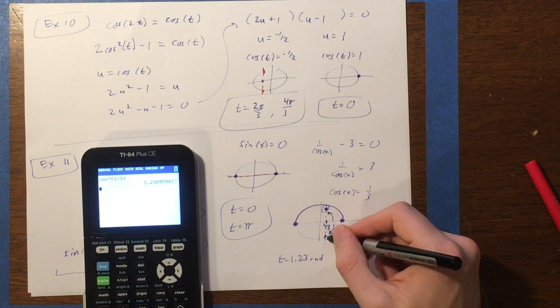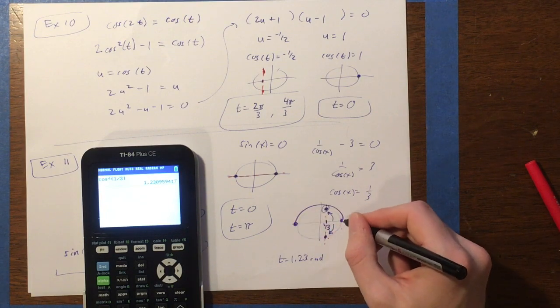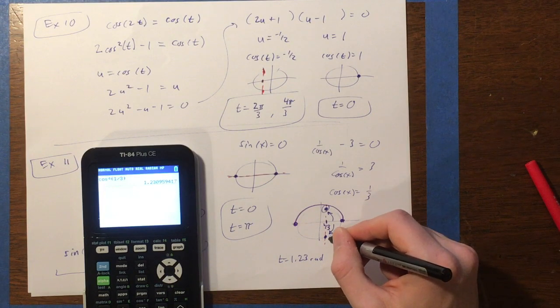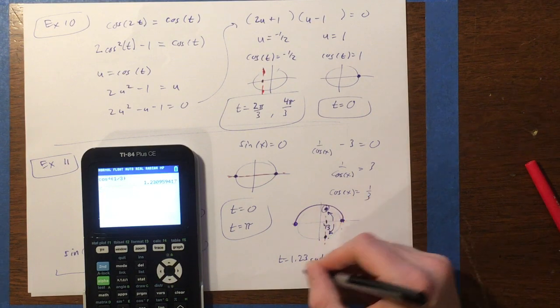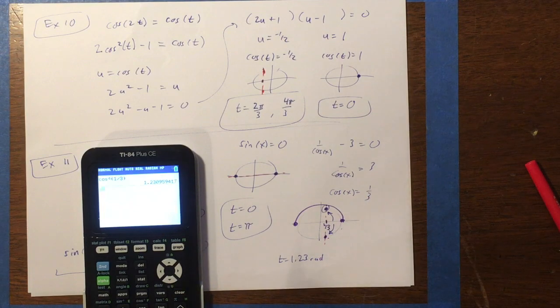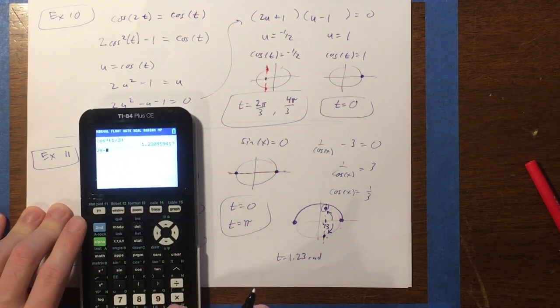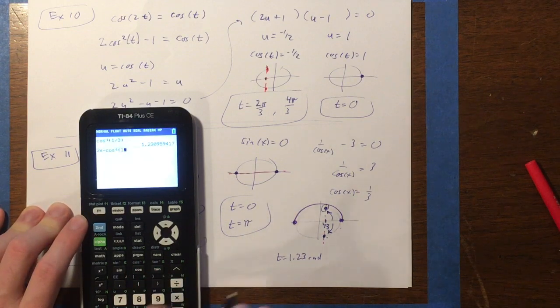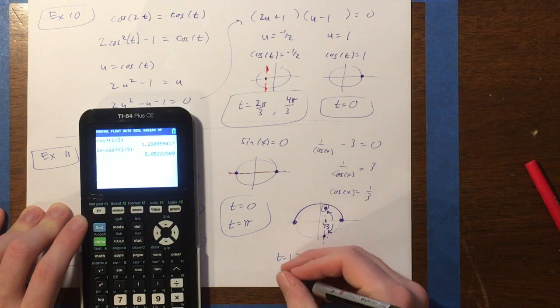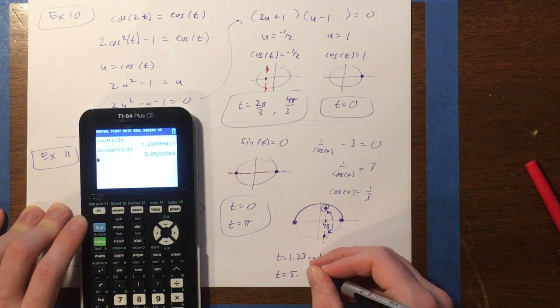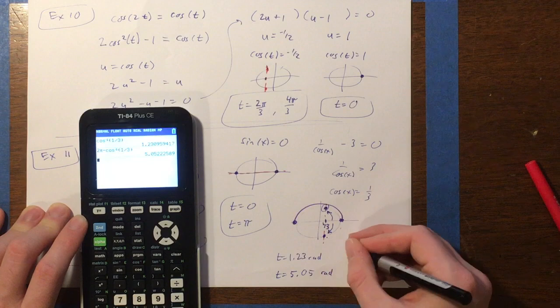So I go all the way around to 2 pi, and then I dial that back by the same angle that we got the first time. So on my calculator, I'm going to do 2 pi and then minus that arc cosine of 1/3. And that should give me the other angle, which is 5.05 radians.